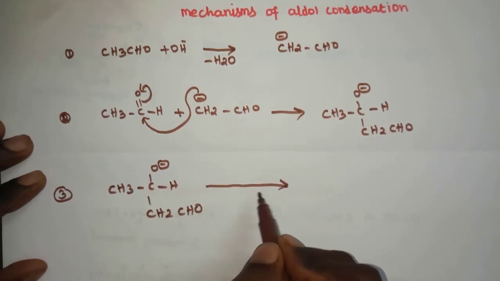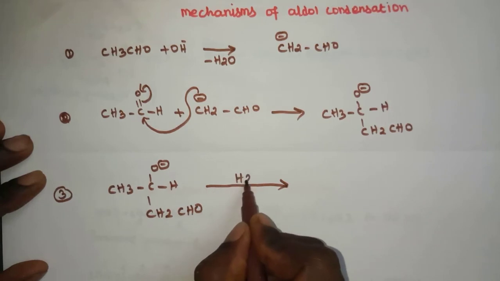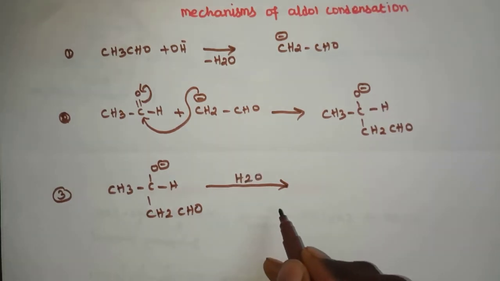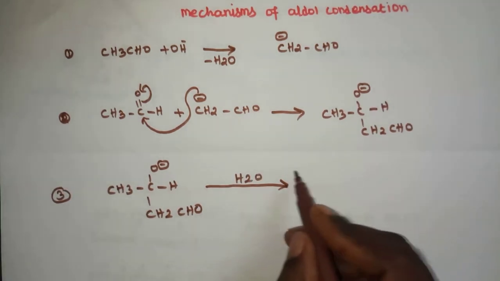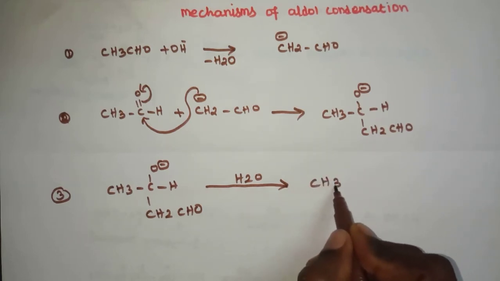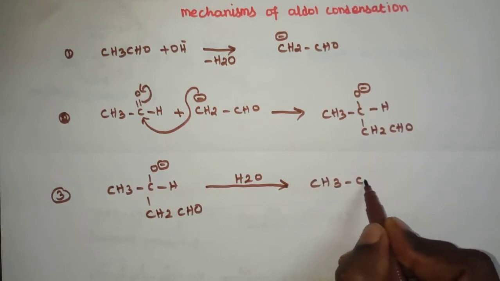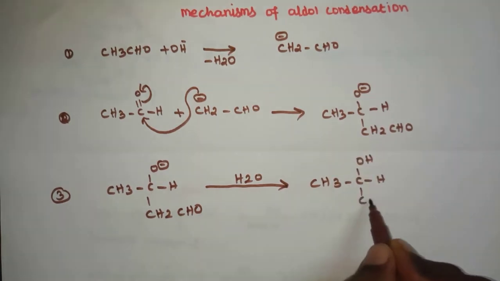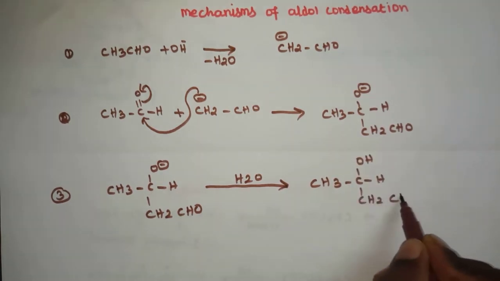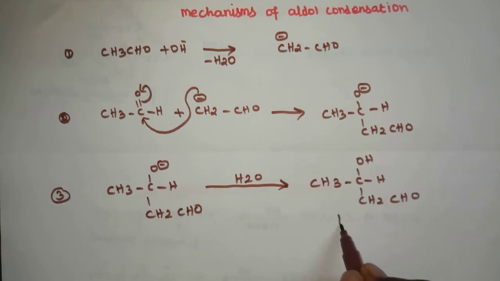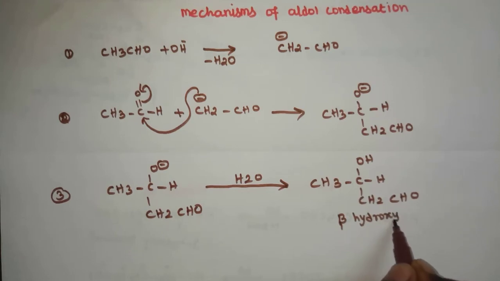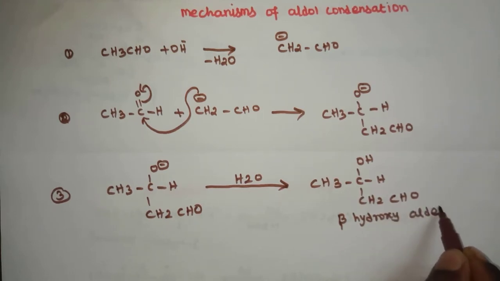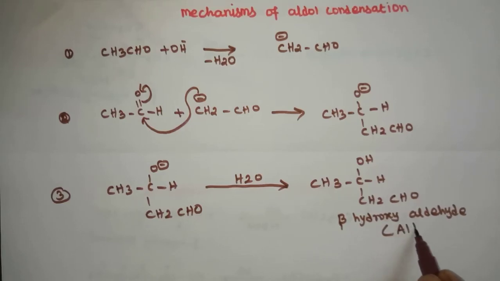This ion abstracts a proton from a water molecule to form aldol, CH3CHOHCH2CHO. That means beta hydroxy aldehyde. The common name of this compound is aldol.